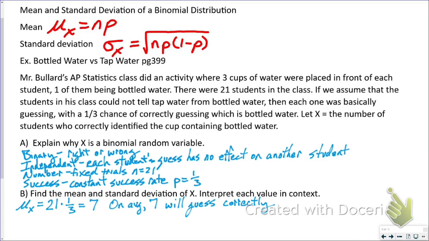For standard deviation, it's that square root formula, which is the expected times the complement. And you end up getting, I believe it's 16.